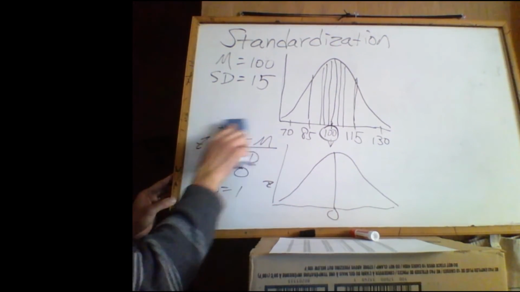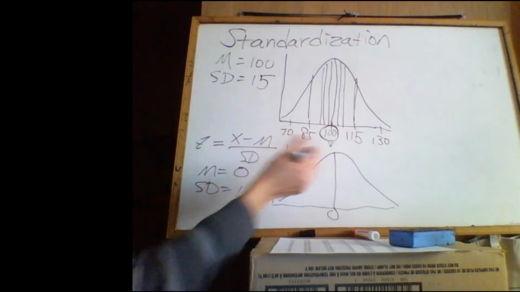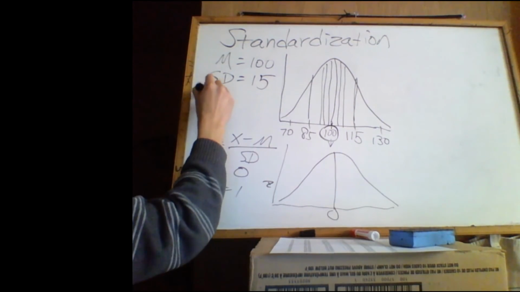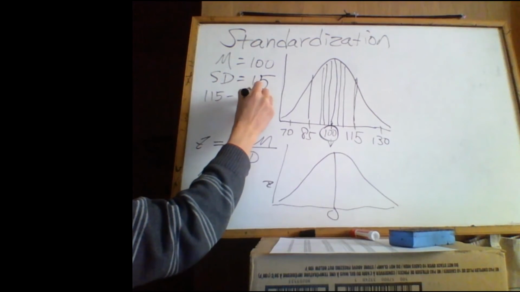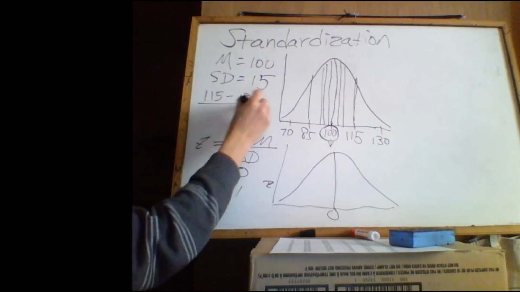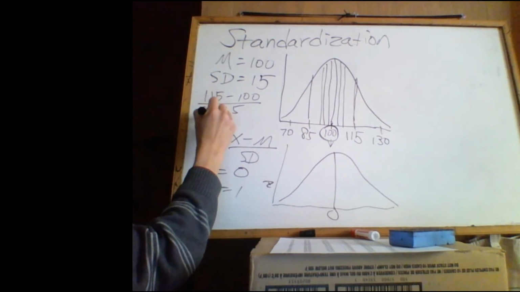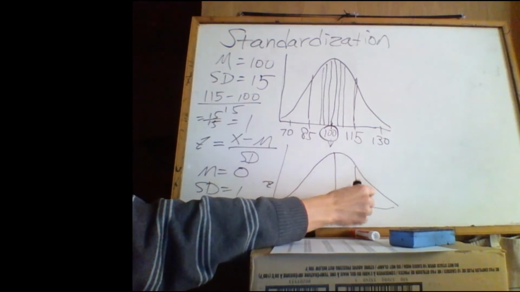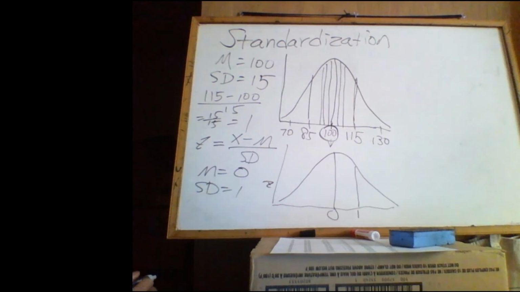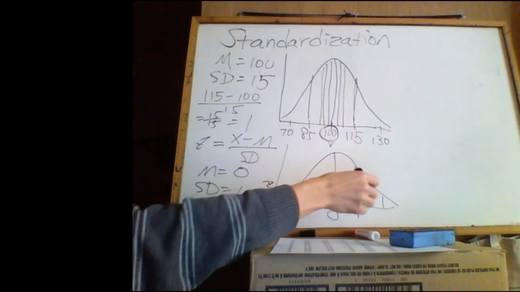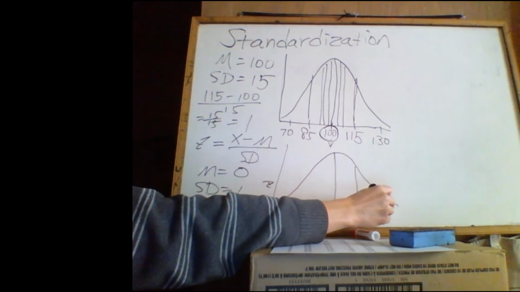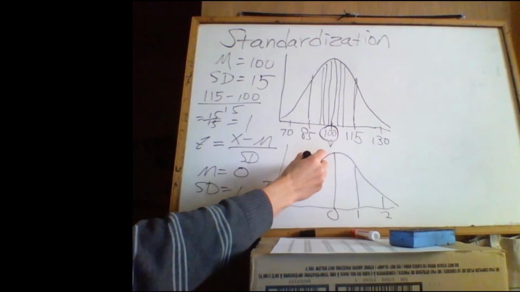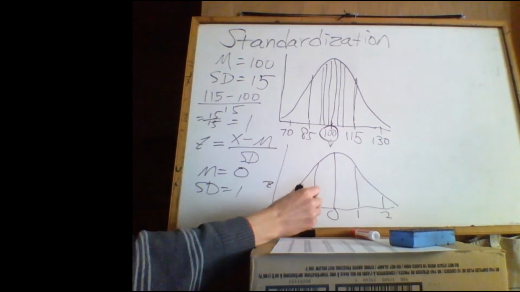Now, how about 115? So 115 minus 100 divided by 15 is 15 divided by 15, which is 1. So here, that's 1. 130 will become 2, and 85 will become negative 1, right?